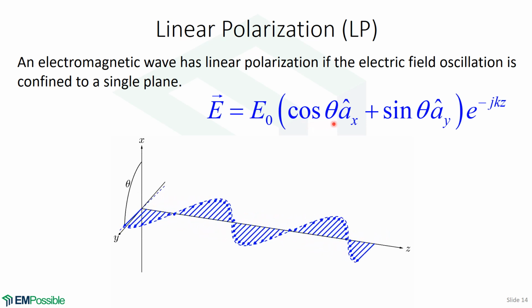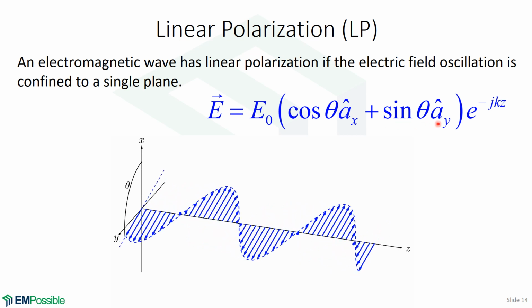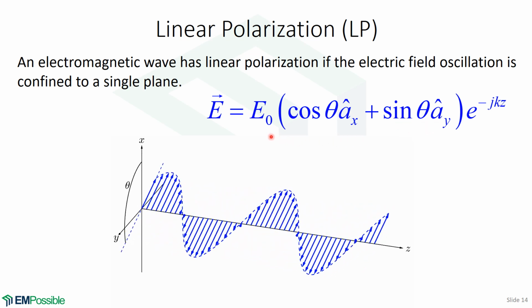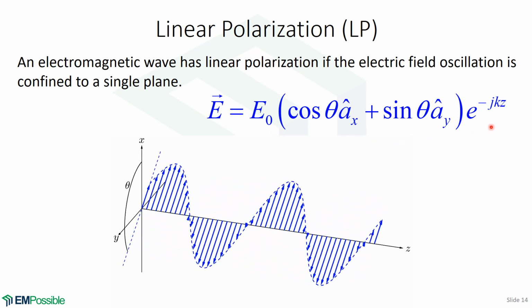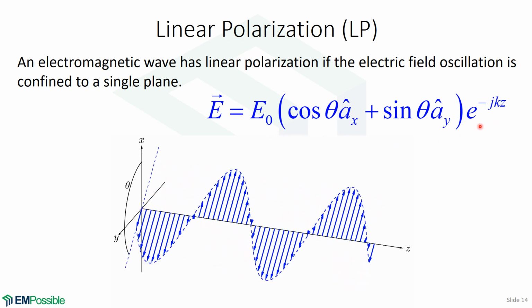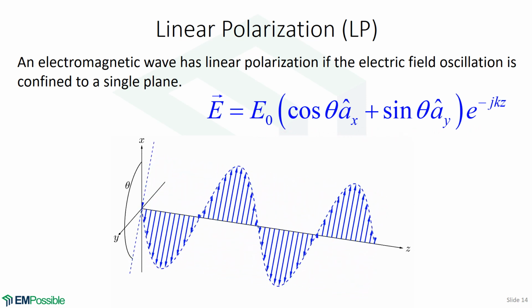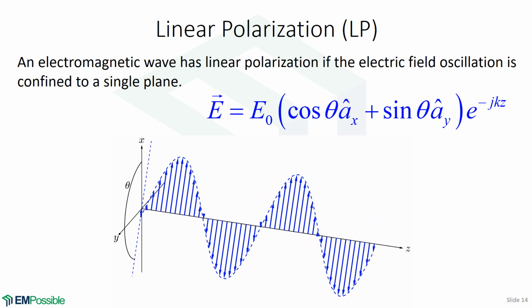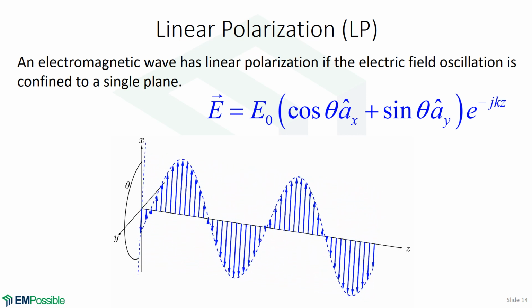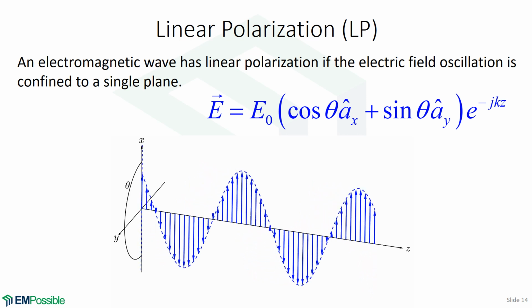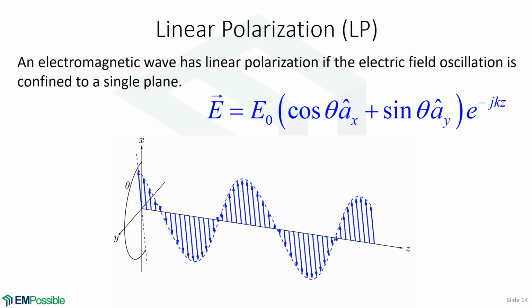We'll give it a cosine theta in the x direction, a sine theta in the y direction, and we'll move this amplitude term to the outside, this E naught, and we have the same oscillation term, e to the minus jkz. So we just have a slightly more complicated polarization vector now. But that is still a linear polarization. It's just that the electric field is oscillating now in a direction defined by the angle theta. And here I'm defining that angle theta off of the x-axis.